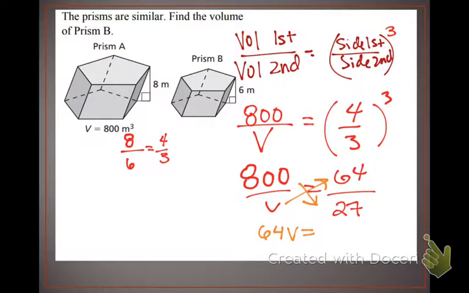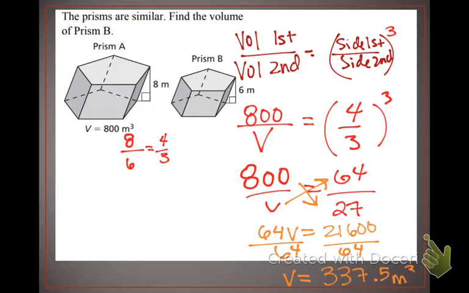I don't remember which one. 21,600. Divide by 64. What does V equal? 337.5 meters cubed.